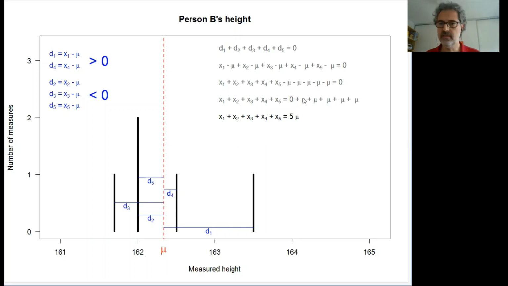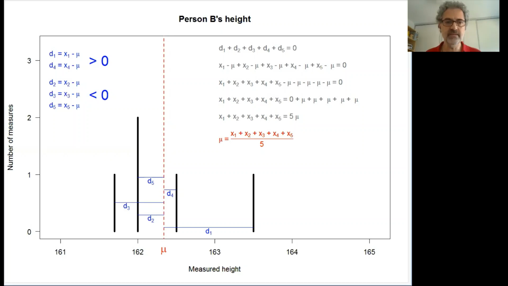Just take these 5 and discard the 0, which doesn't add anything. So based on this, we can solve for mu just by taking the 5 on the other side. So if 5 times mu is equal to the sum, then mu is equal to the sum divided by 5, which is the formula for the mean that you already knew.